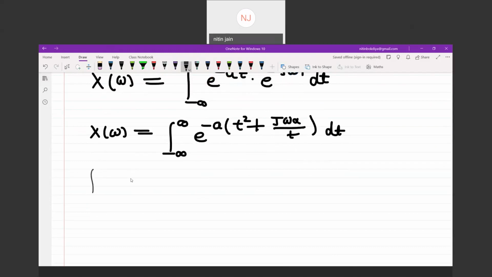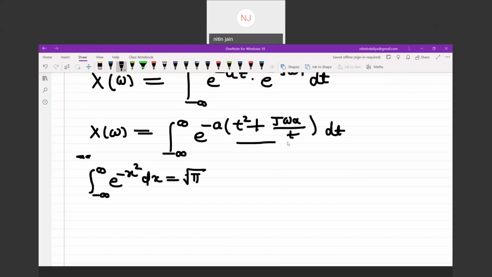The property is that the integral from minus infinity to infinity of e to the power minus x square dx is equal to root pi, the area under the curve of a Gaussian function. This is an important point, you have to remember this, it will be used in other places too.